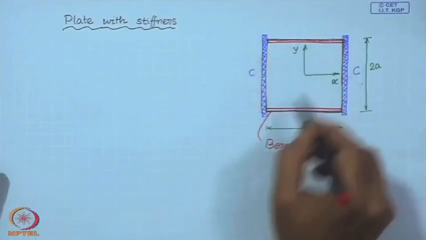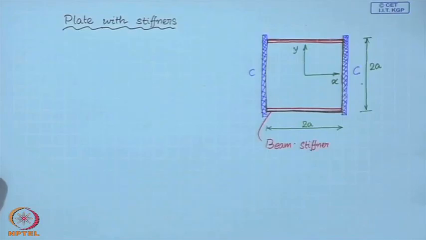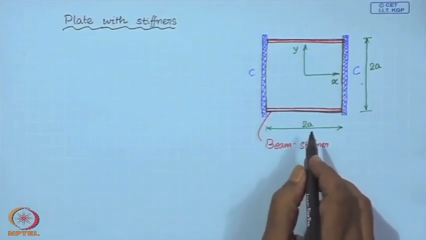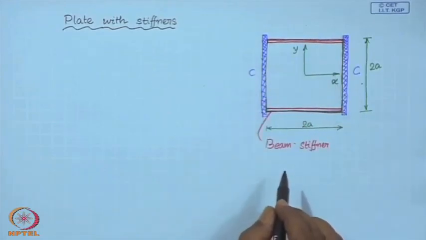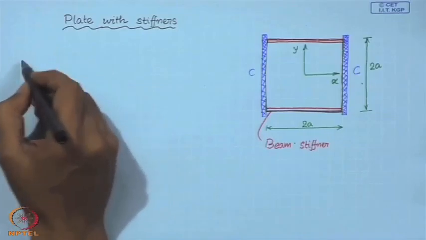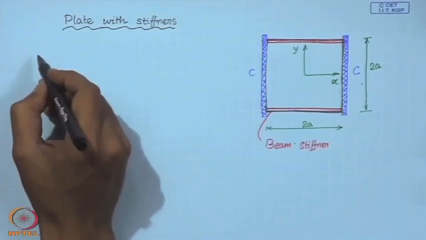So, we have two stiffeners on these two free edges. This is the description of the problem. Now, let us look at the kinetic energy.